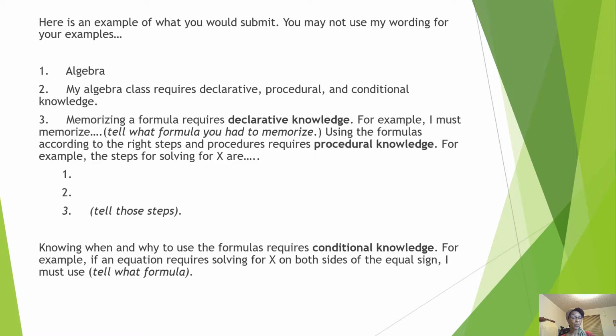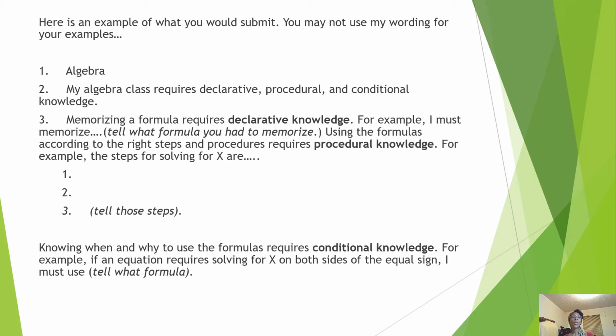For example, and then you're going to list the steps for solving a particular problem. This is exactly how you're going to do your assignment, so pay close attention. And then the last one, knowing when and why to use the formulas requires conditional knowledge. For example, if an equation requires solving for x on both sides of the equal sign, I must use, and then tell the formula that you must use.